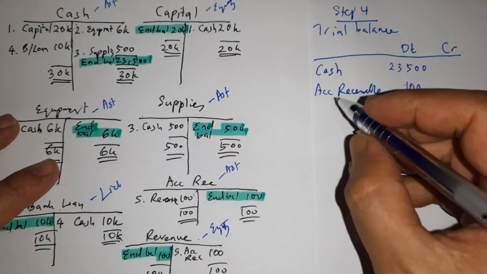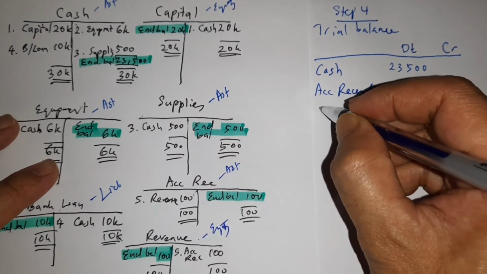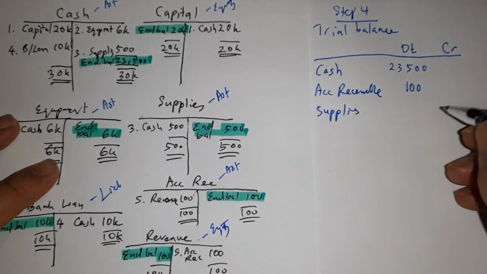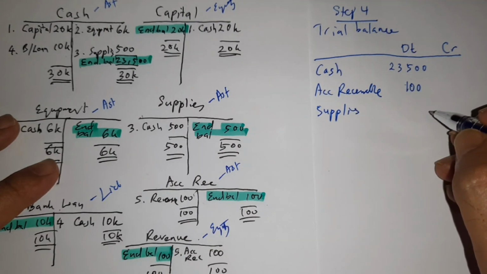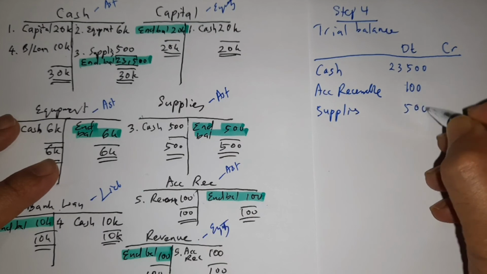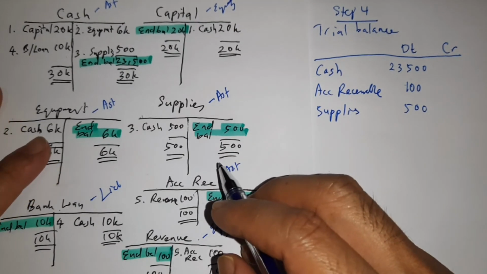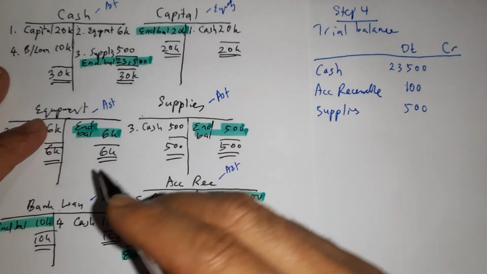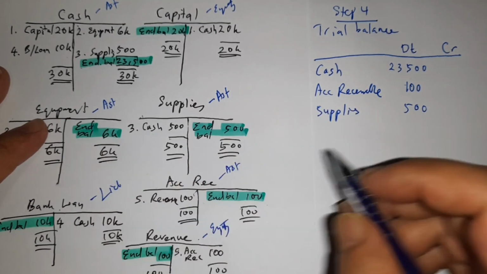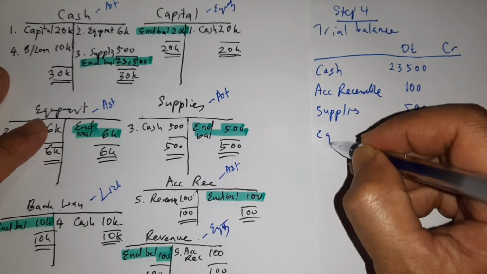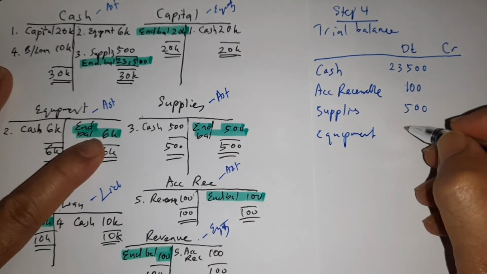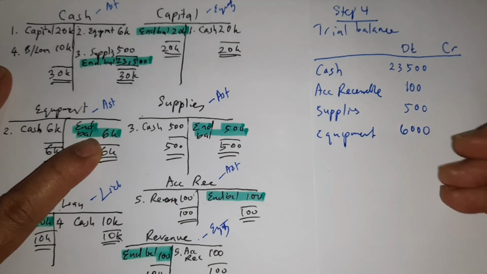Supplies is also a current asset, so you write here supplies. The balance is 500, and then the least liquid asset or the non-current asset is the equipment, so you write the equipment. The equipment, the balance is 6,000.